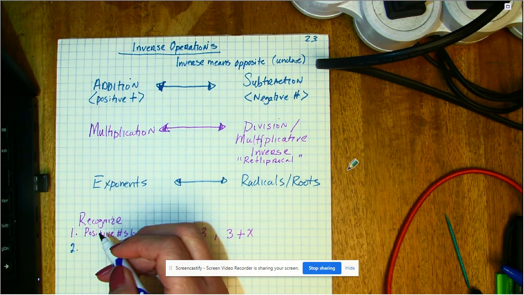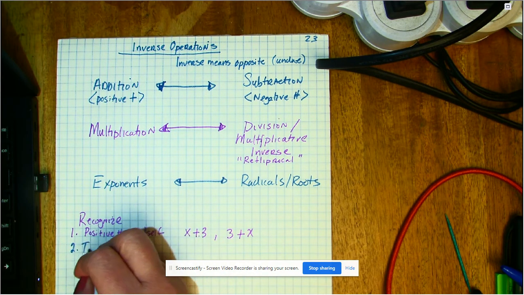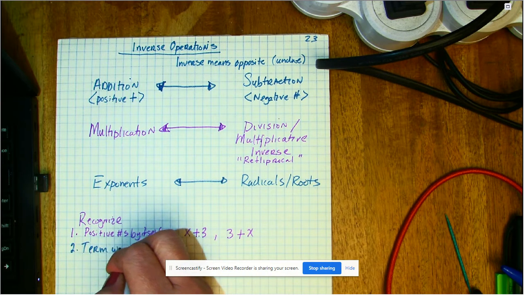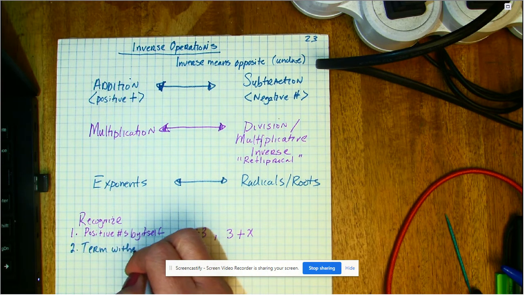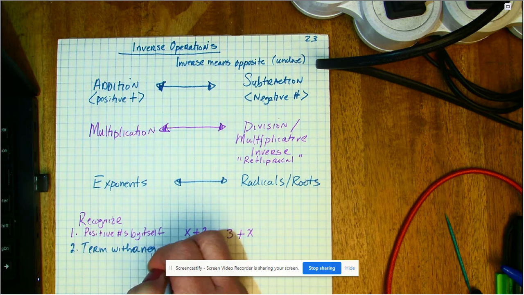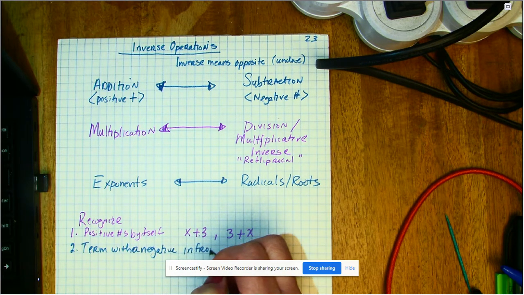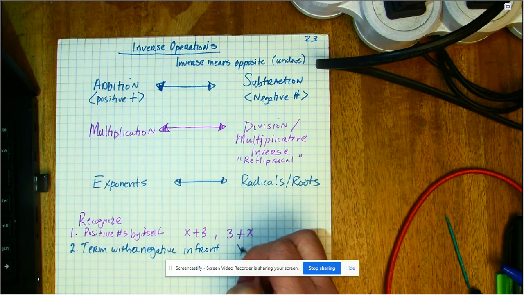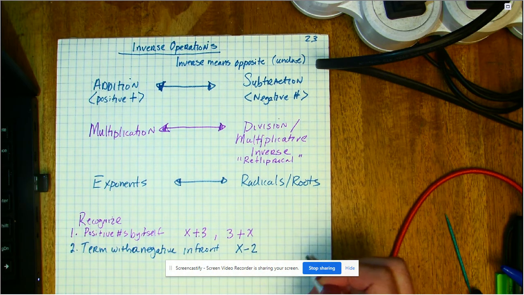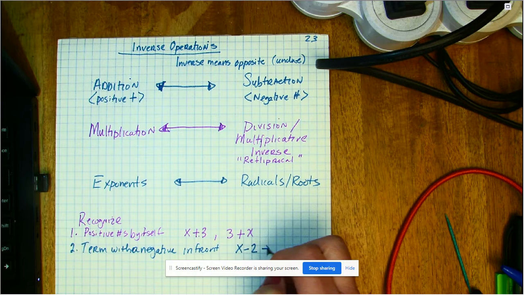Second thing we need to recognize is a term with a negative in front of it. So x, what we used to say minus 2, is the same thing as x added to negative 2.